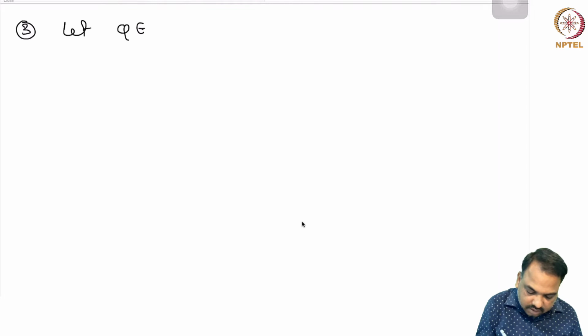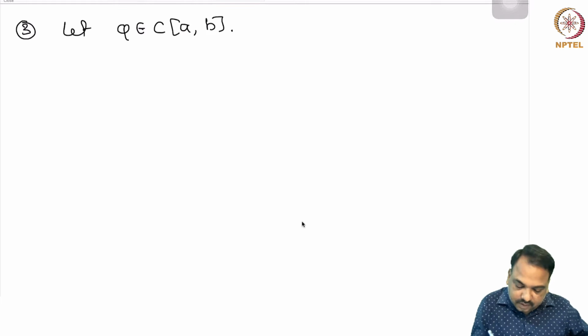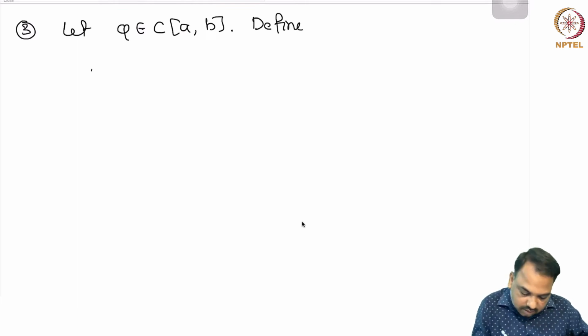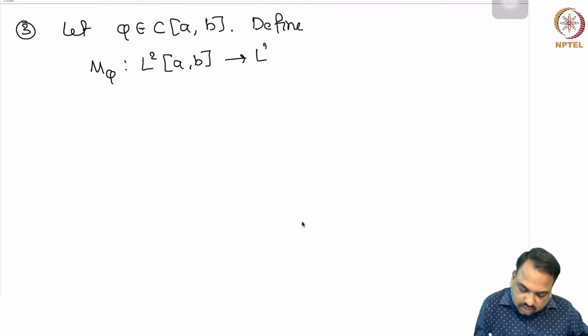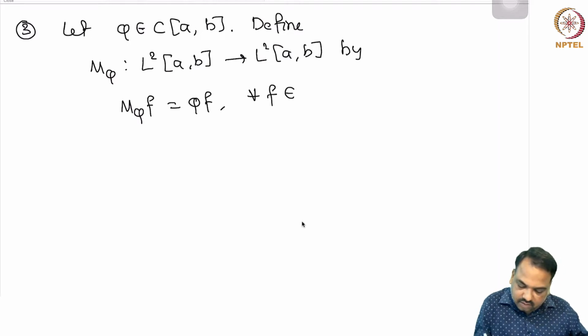Let phi be a continuous function defined on [a,b] taking values in C. So we have the multiplication operator M phi from L2[a,b] into L2[a,b] by M phi of f is phi multiplied by f for every f in L2[a,b].